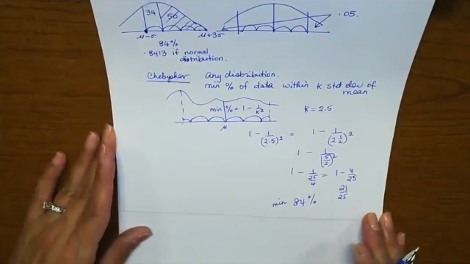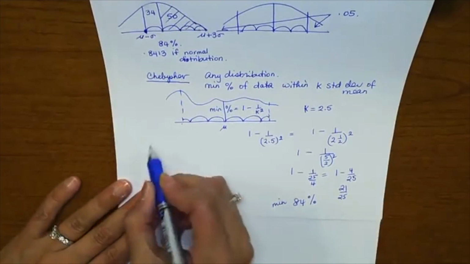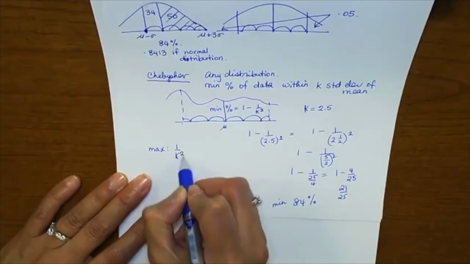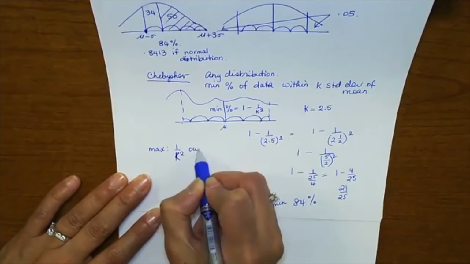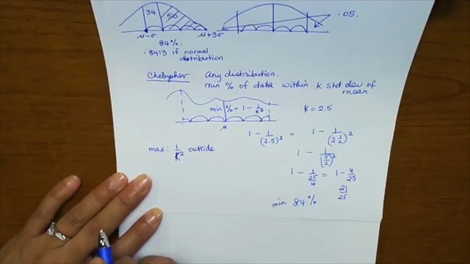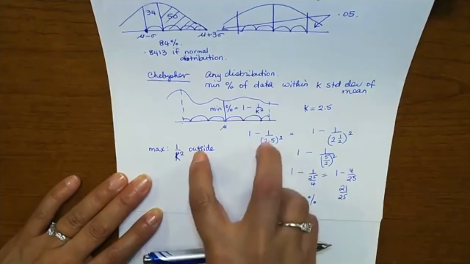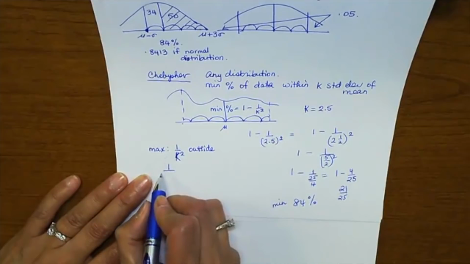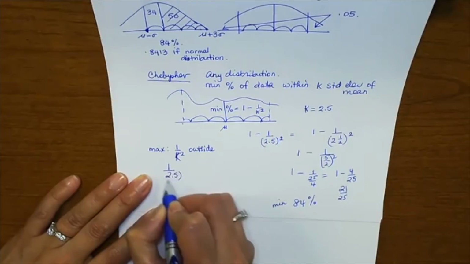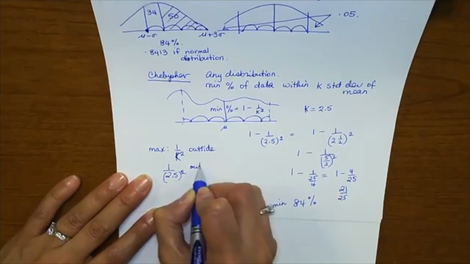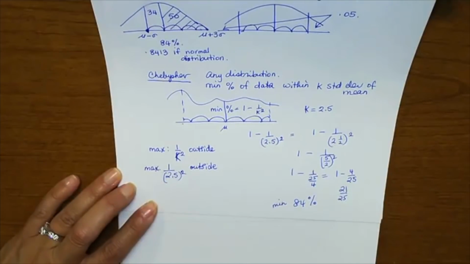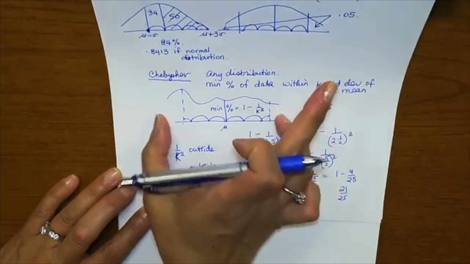That's within, right? If I want the stuff outside, then it's going to be maximum 1 over k squared outside. So this and this add up to 1. So this is 1 over 2.5 squared outside. Maximum. And you can't split them.